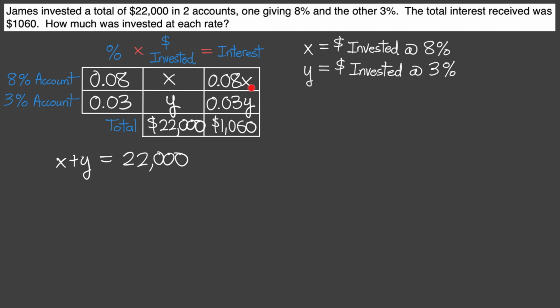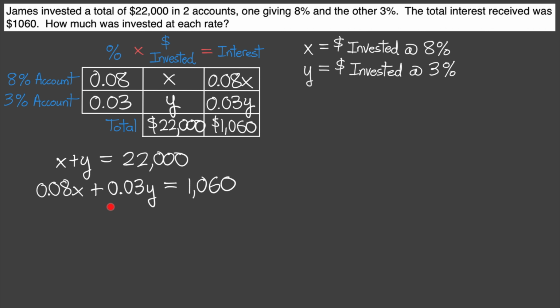The interest. So the interest from the first investment plus the interest from the second investment is going to equal the total interest. So we're going to add 0.08x plus 0.03y equals $1,060.